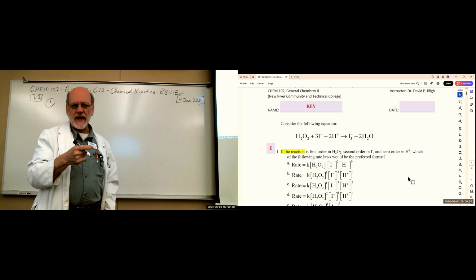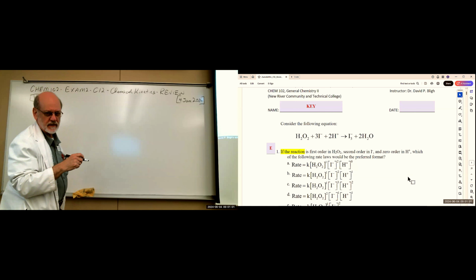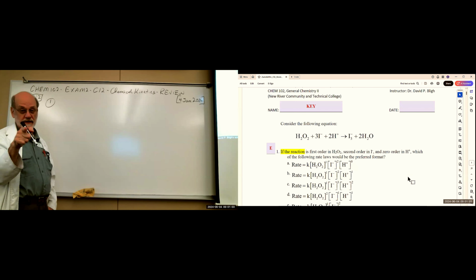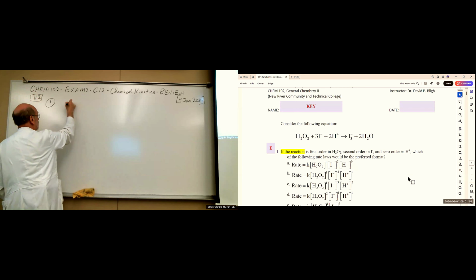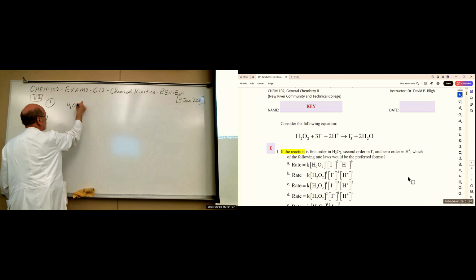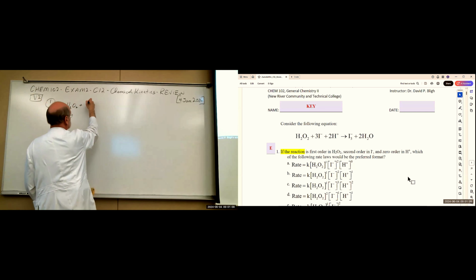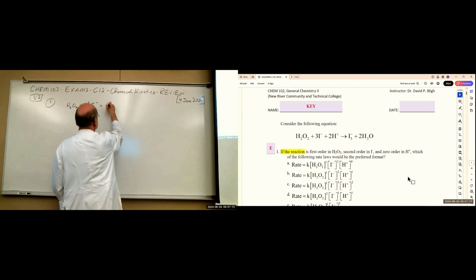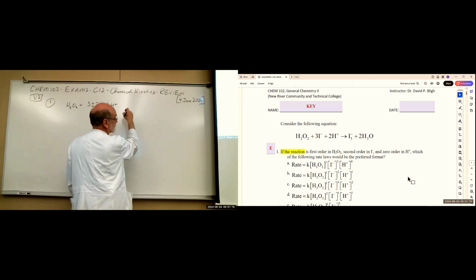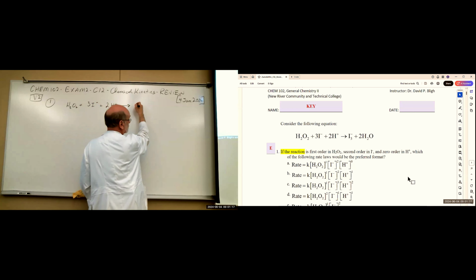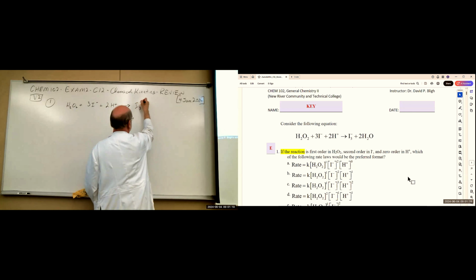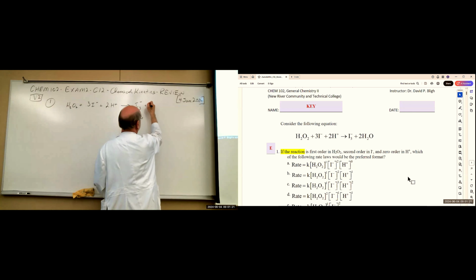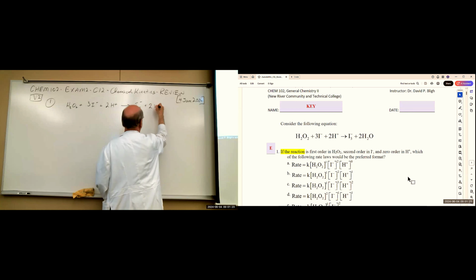All right. If the reaction is first order in H2O2, look at that equation. H2O2 plus 3 iodide ions, 2 protons, yield triiodide, and 2 waters.